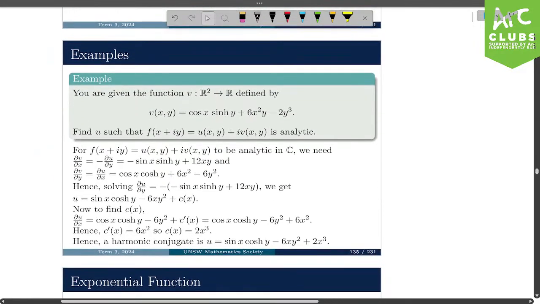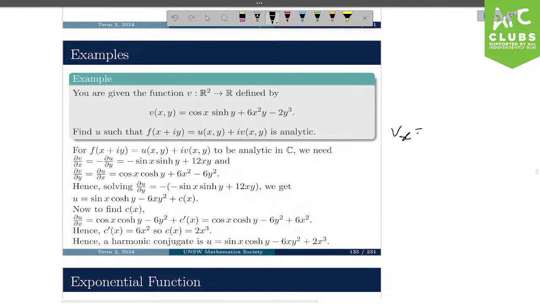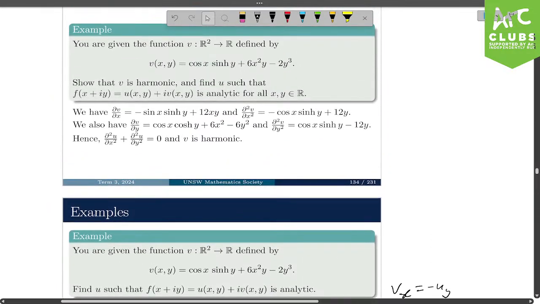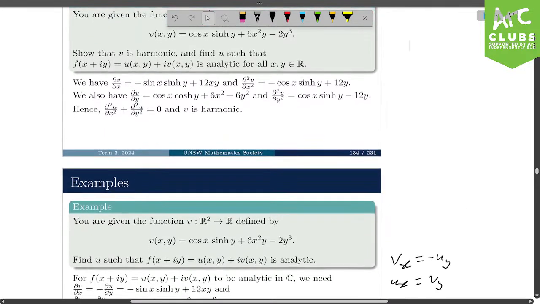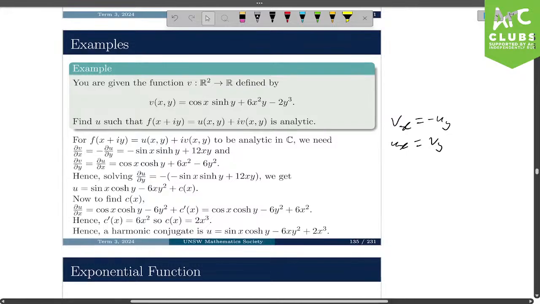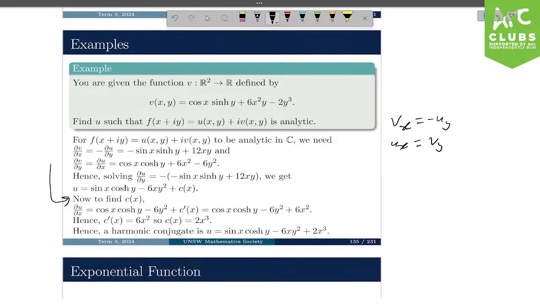So running through the motions, we get vx equals minus uy and ux equals vy, as above. It's pretty quick to determine them using our cos, sine, and rest of our differentiation rules. And once again, we apply them until we get a constant in terms of x, differentiate to determine what that constant should be.